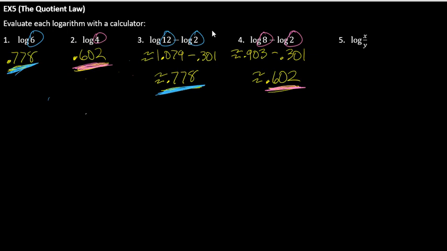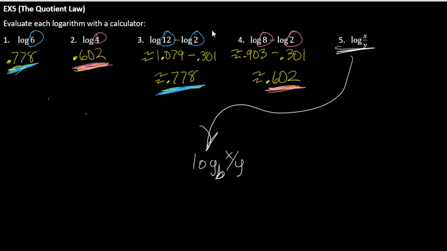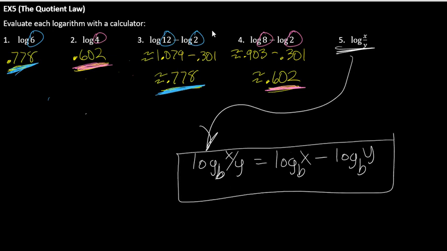If we have log of some base of two numbers being divided, that's going to be equal to log of the same base of x minus log of the same base of y. Okay, this is our quotient law.